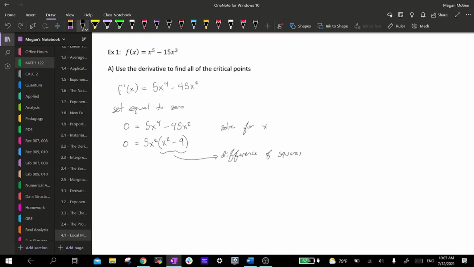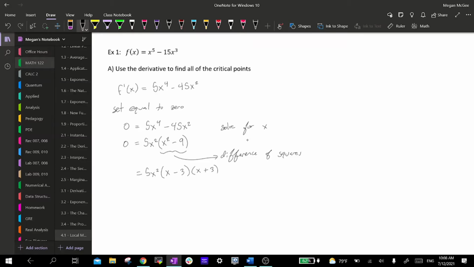And 9 is 3 squared, so that's also squared. And the difference is that we are subtracting it. And so we can factor a difference of squares as x minus 3 and x plus 3. If you go ahead and FOIL this out, you can check that that is true.